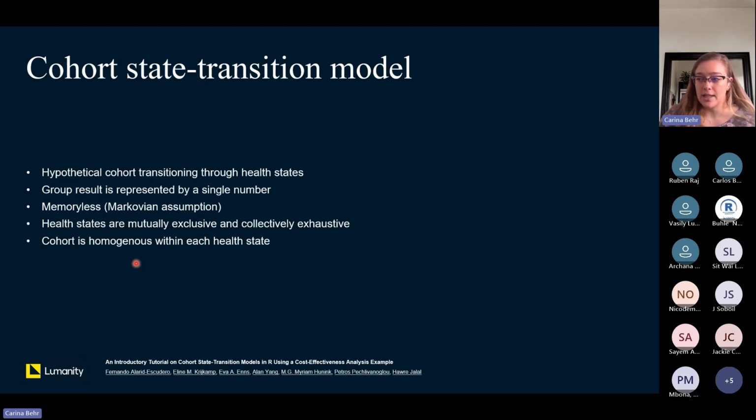The health states are mutually exclusive and collectively exhaustive, meaning that each proportion of the cohort can only be in one health state at a time. And they always need to be in a health state, so they can't be in no health state. And we assume that the cohort is homogeneous within each health state, so we're not looking at individual level dependencies or differences.